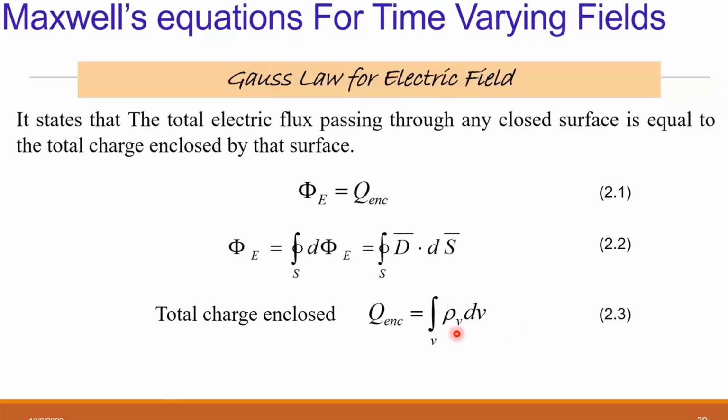This is the Gauss law we have seen already. And so the final equation, if you equate these two right hand sides, is that the closed surface integration of d bar dot ds bar is equal to the volume integration of rho v into dv.